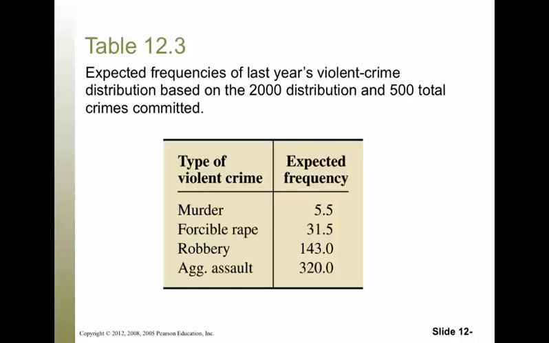We'd expect this many of each of these. They took the relative frequencies in 2000 and figured how many of each there would be out of 500 total. Does that make sense?